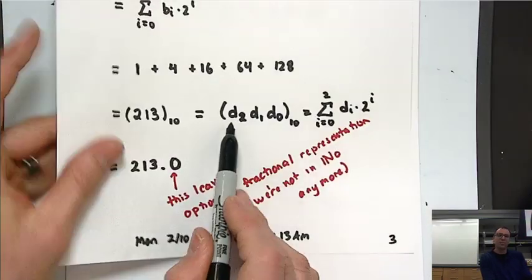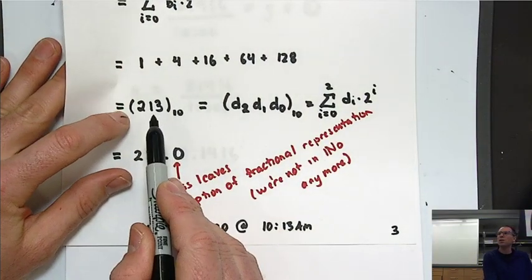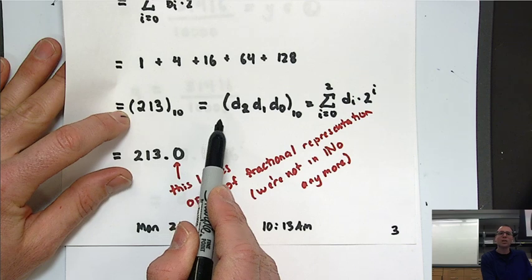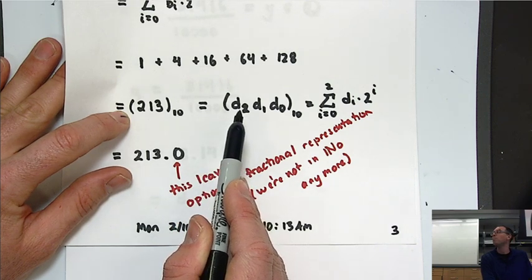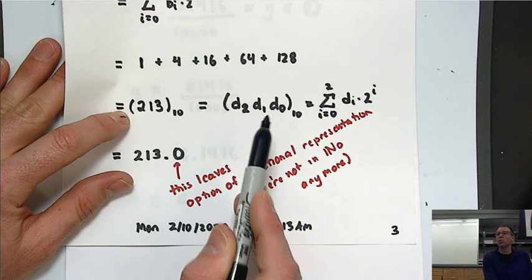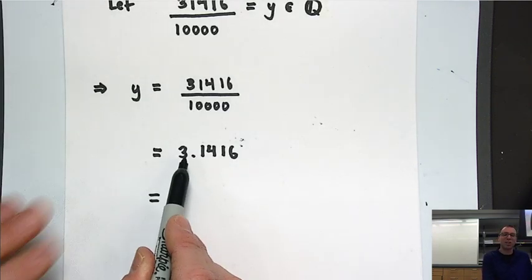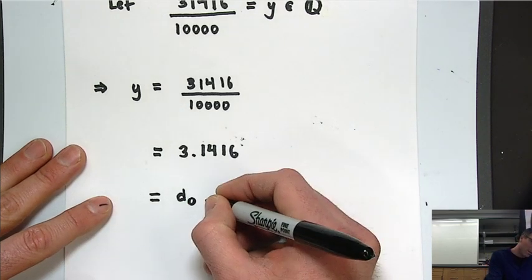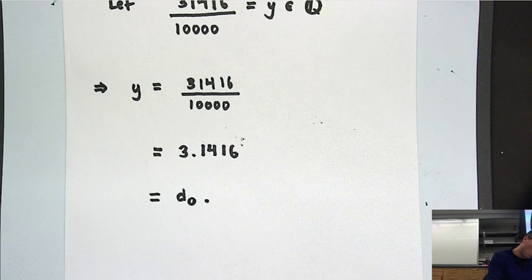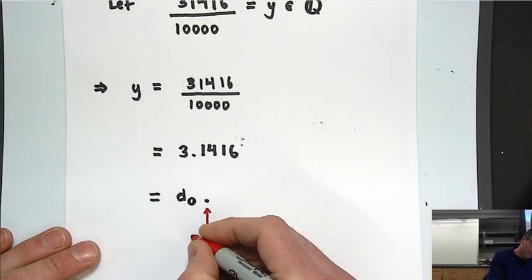Okay, so what did we do here? What was the whole concept of each of these digits? The index on each digit corresponded with the power of 10 associated with that digit. So what would we call the leading digit here? D0. This thing we're going to call the radix point.